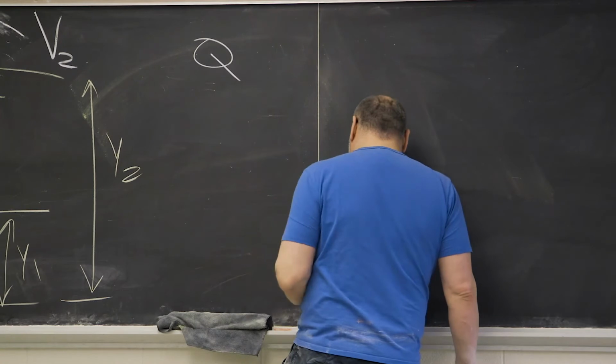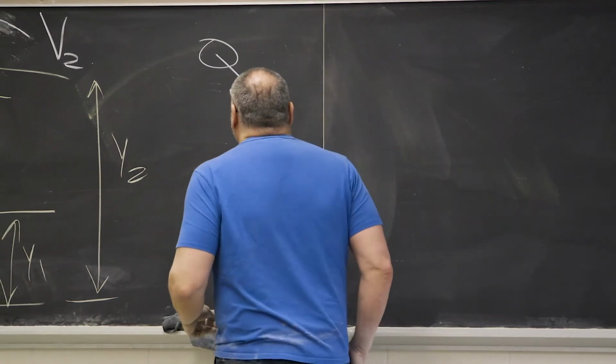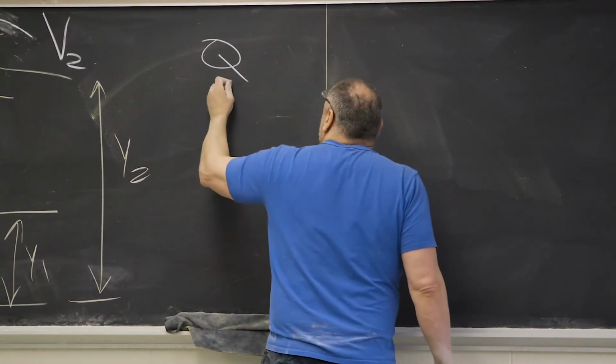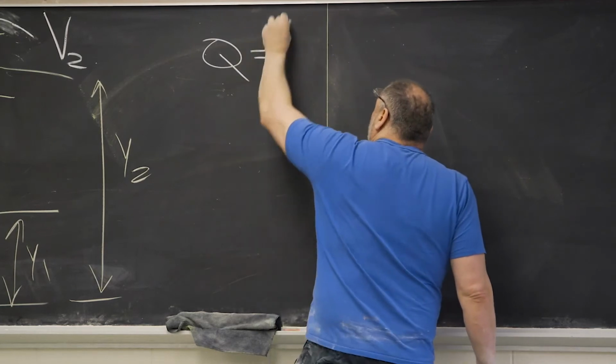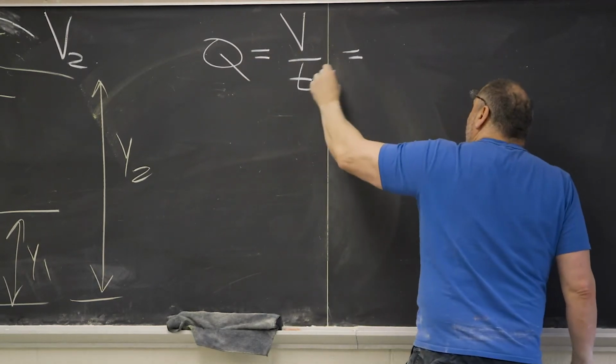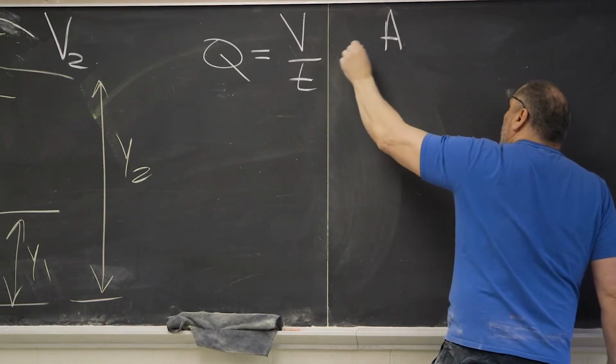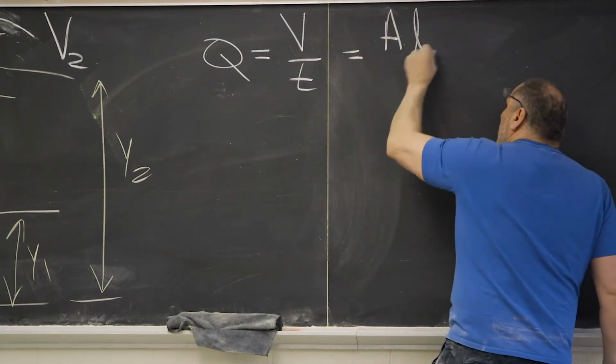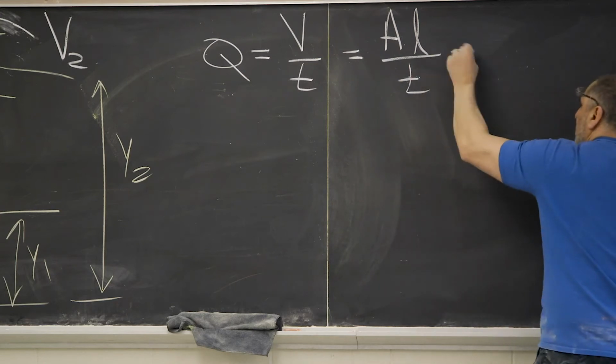You see different numbers here, how this is written. The fluid flow rate is volume divided by time. Isn't volume cross-sectional area times length divided by time?